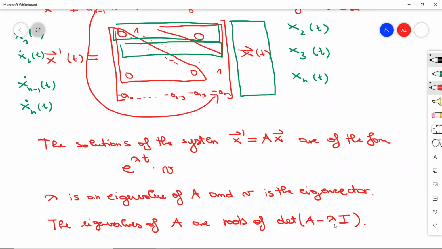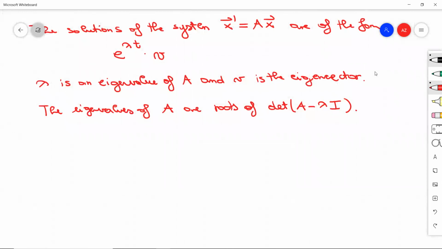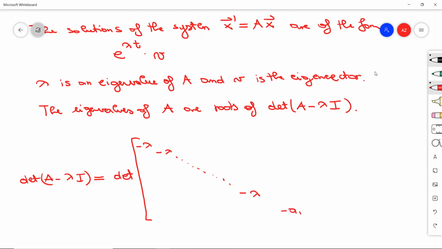Probably you didn't do this trick in the linear algebra course, so let's do it. The determinant of A minus lambda identity is the determinant of this matrix. We have minus lambdas on the diagonal, and in the last entry of the diagonal we have minus an minus 1 minus lambda.